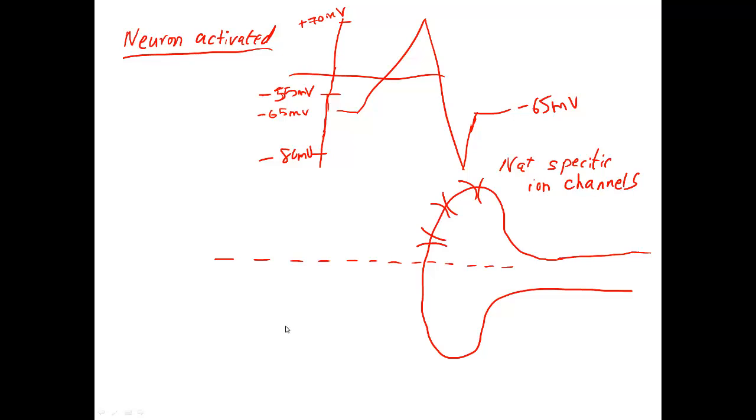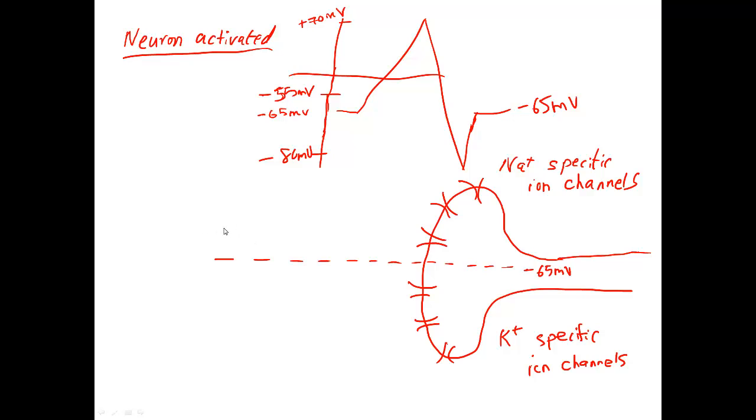So they only allow the movement of sodium. Down here, these channels only allow the movement of potassium. So they are potassium-specific ion channels. We also know that the resting potential of a neuron is negative 65 millivolts. And let's see, what else do we know?